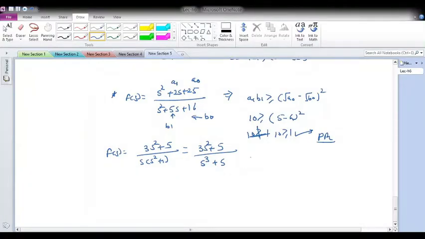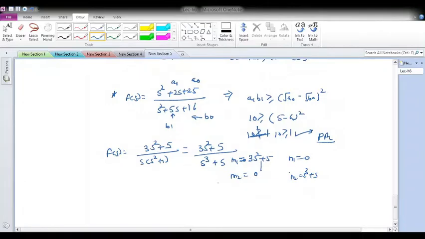So m1 is 3s square plus 5, n1 is 0. What is m2? m2 is 0 and n2 is s cube plus s. So what is m1 m2? This is 0, n1 n2 this is 0. So a of x is 0, as it is an odd rational function.